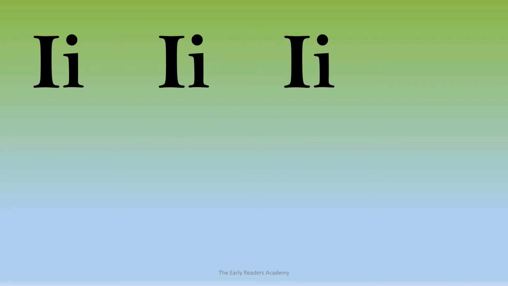Now let's go to letter I. This is big I. This is the small I. And the sound of I is E. E, E, E, insects.